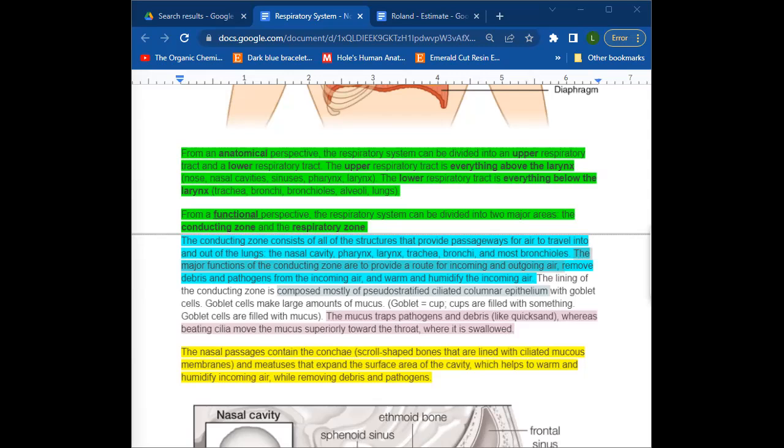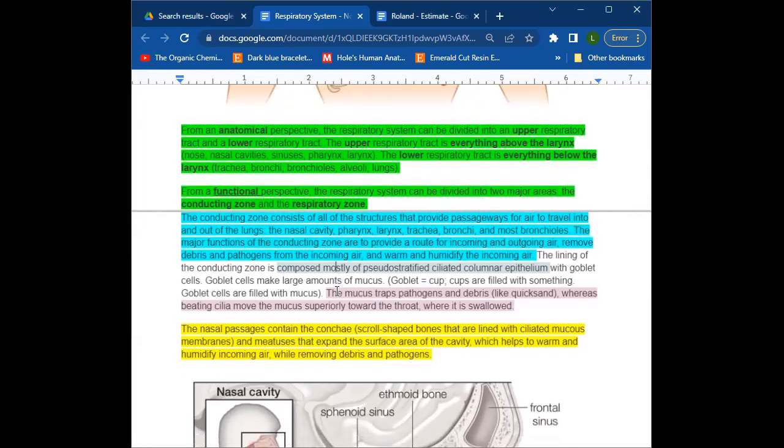So the pseudostratified ciliated columnar epithelia, we need to know that that's going to have lots of goblet cells, and the goblet cells are supposed to produce mucus. The mucus is meant to trap particles, and then the cilia are meant to help sweep the mucus-trapped particles usually towards the throat. And then from there, it can just be swallowed.